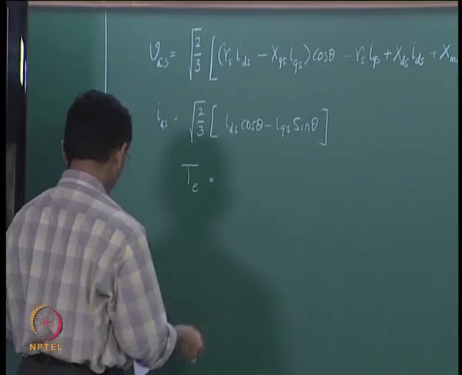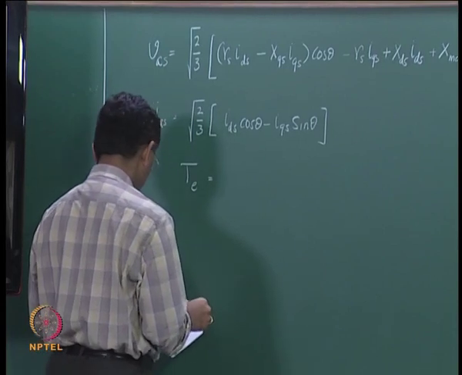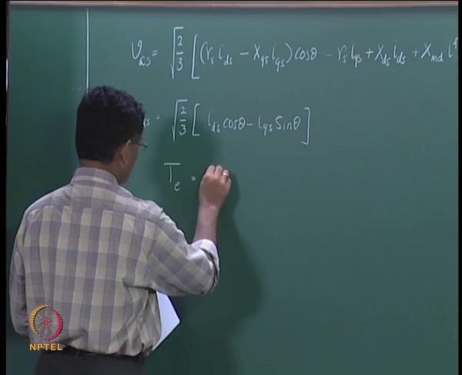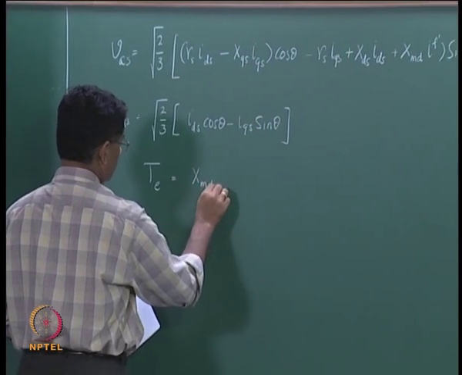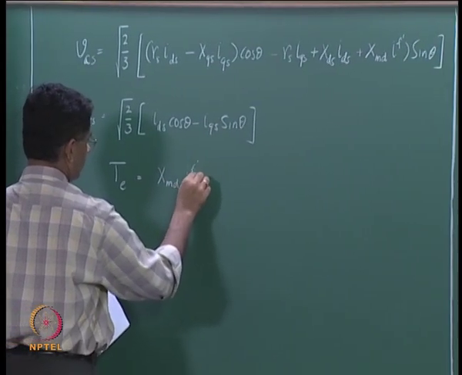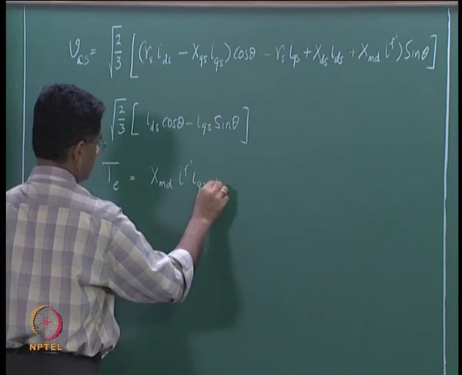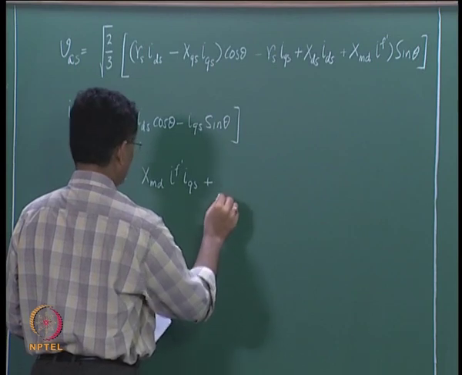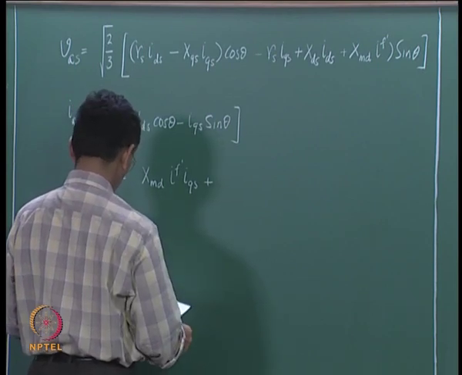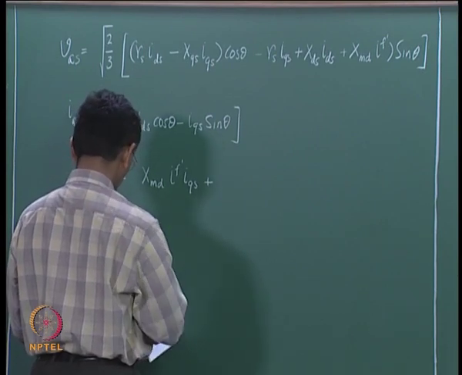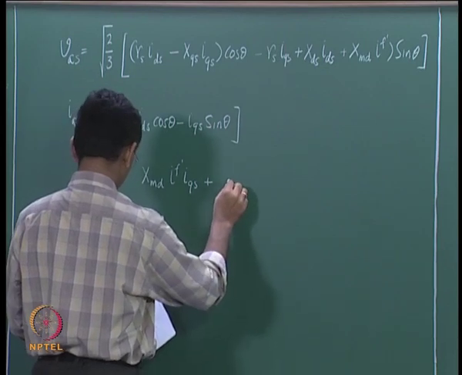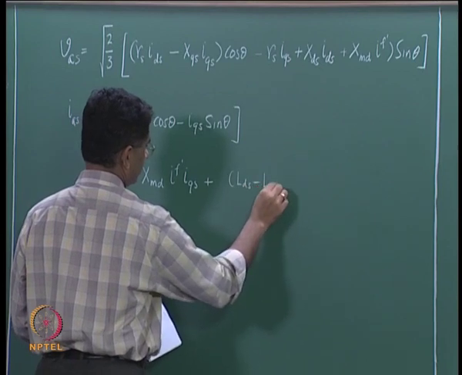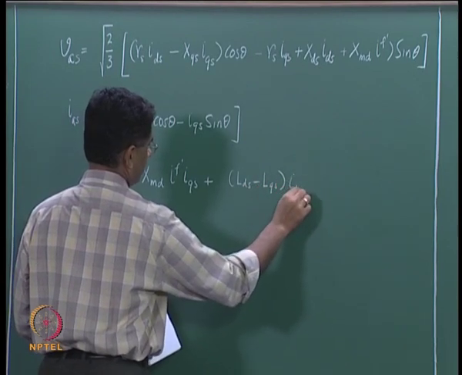The electromagnetic torque TE is given by XMD into IF dash into IQS plus (LDS minus LQS) into IDS into IQS.